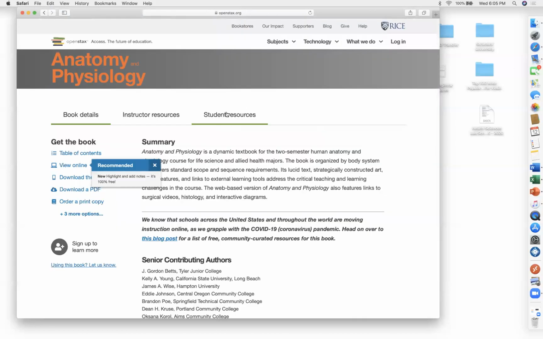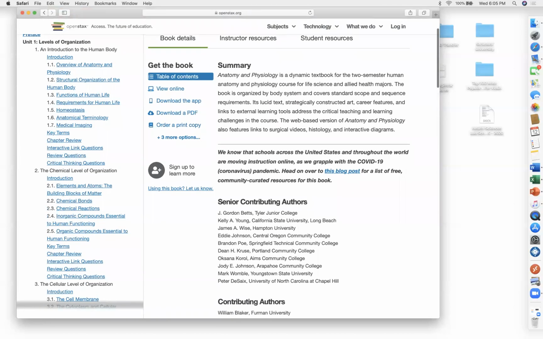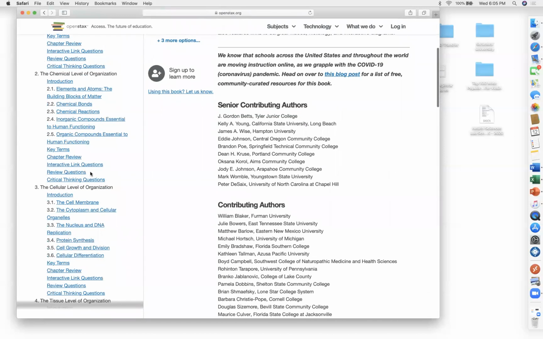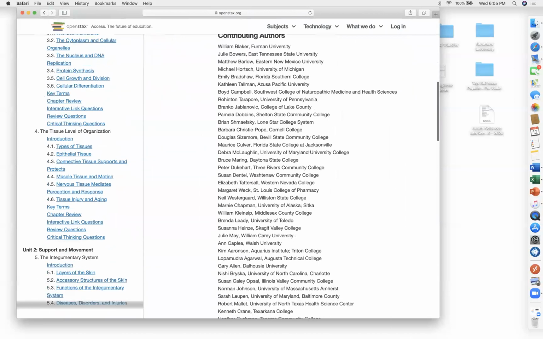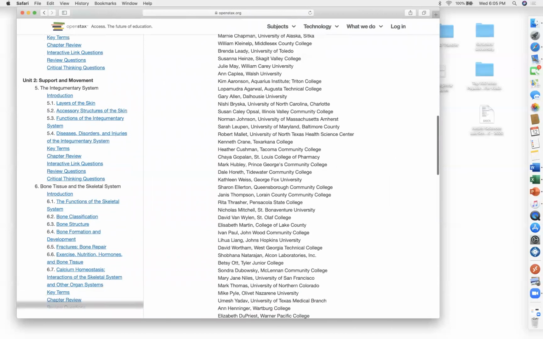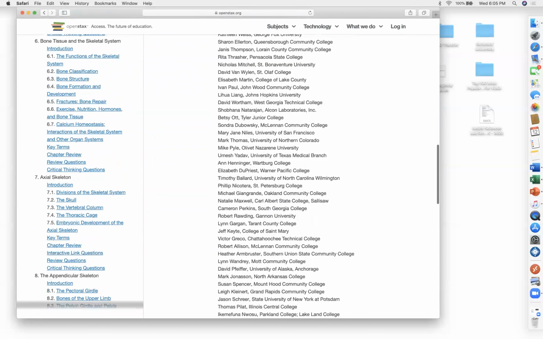And forgive me if it takes me a minute to remember: overview, homeostasis, levels of organization. We went all through this in Anatomy and Physiology 1. Support, and you could see here, we're going to be talking a lot in week 5 and week 6 about the bones, as you see here.